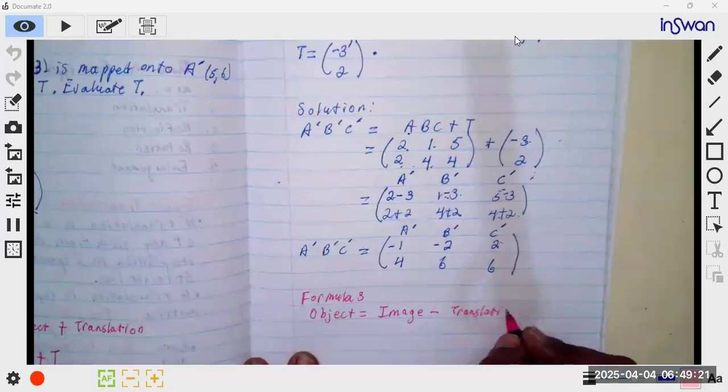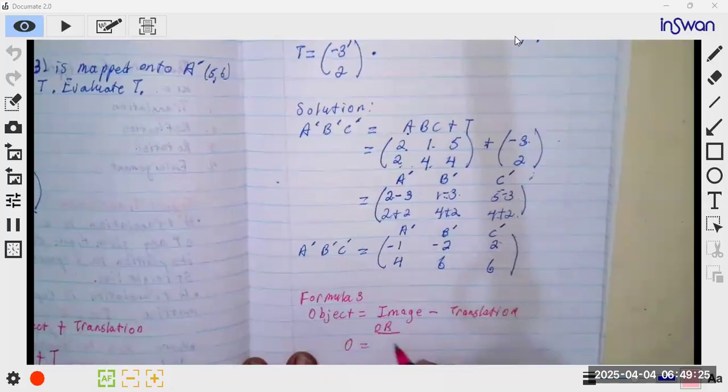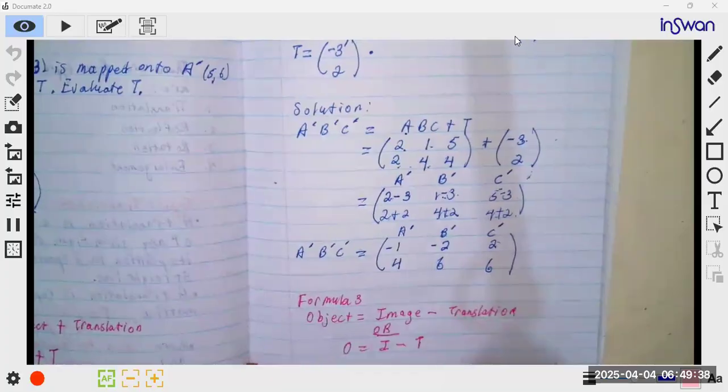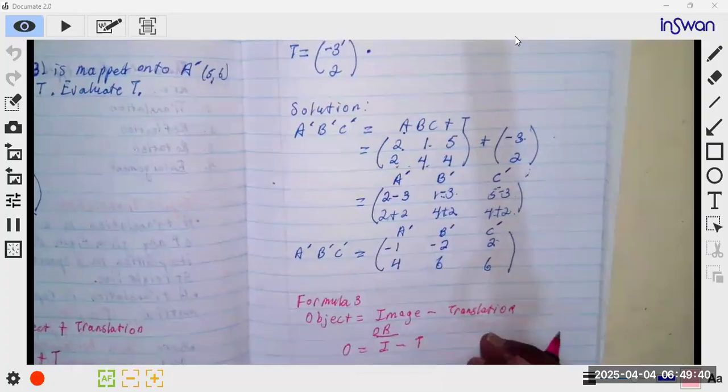Or as we said, O is equal to I take away T. All right, so take this down and then we'll start off with an example.